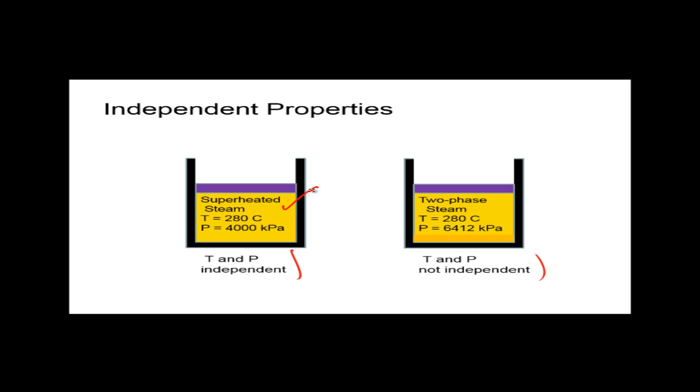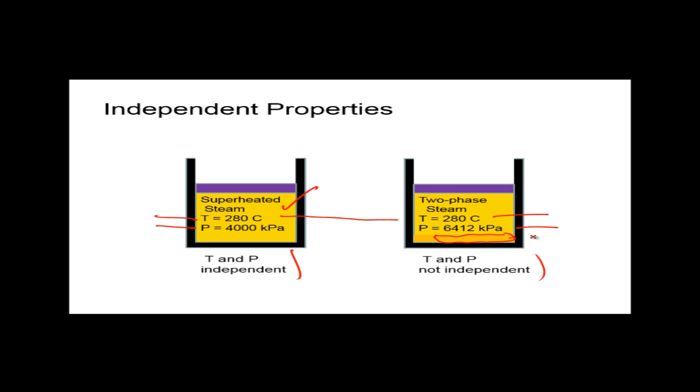If it's superheated, they're independent. So I can look up the value of different properties for steam at this temperature and pressure. But if it's at this same temperature, 280 degrees C, and at a particular pressure, the saturation pressure at that temperature, which happens to be around 6,412 kilopascal, then I can have a two-phase mixture, some shaded a little darker.